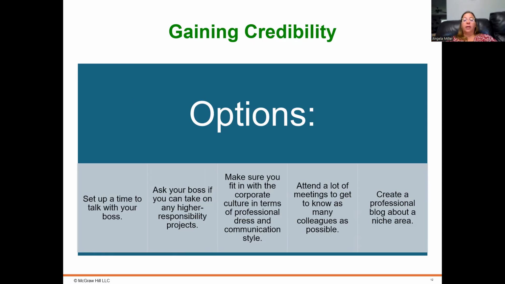But make sure that you're using it in a way that is appropriate. So you never want to say something negative or bash the company you're working for. You always want to make sure that you are looking to increase your experience in order to increase your expertise. Okay. Networking is a key component here.